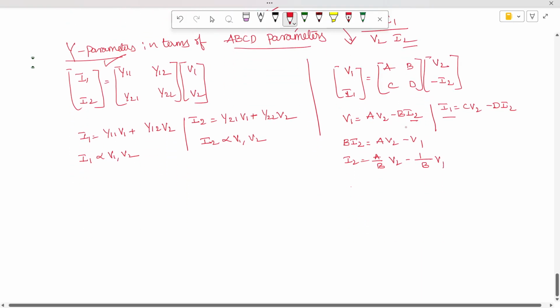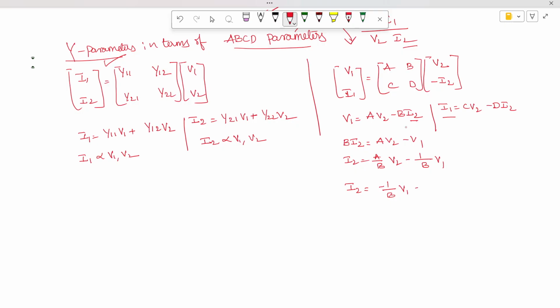So let us write I2 is equal to minus 1 by B V1 plus A by B V2. So now you have successfully expressed I2 in terms of V1 and V2.